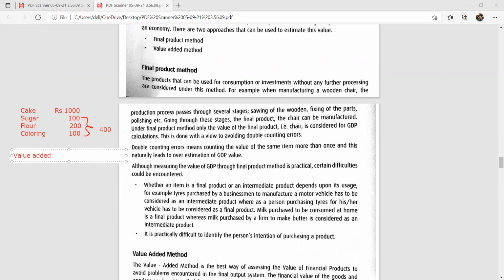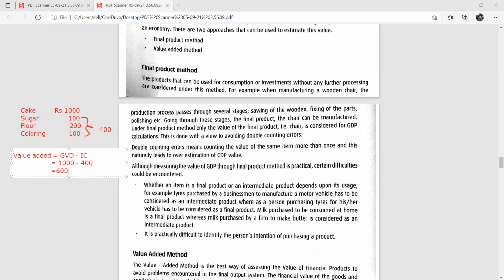Actually, value added of cake means the last value, gross value output, the final value, less intermediate consumption. It's subtracted intermediate consumption. So GVO, gross value output, is 1,000 minus 400. Then the answer is 600.